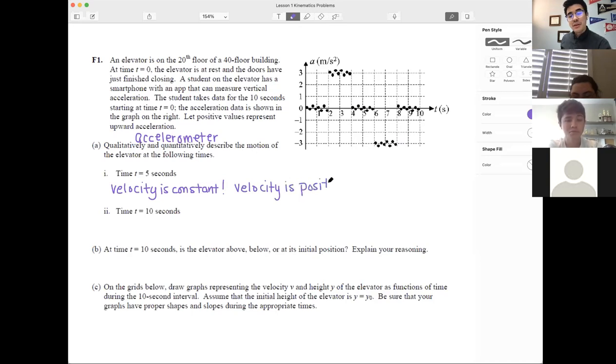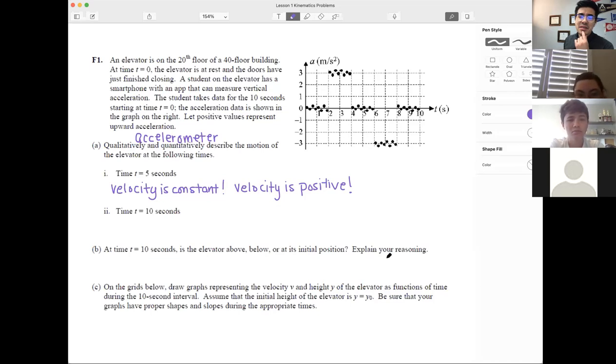Can somebody help me figure out the exact value of the velocity? Or an approximate value of the velocity, maybe? Is it 7.5? How'd you get 7.5?